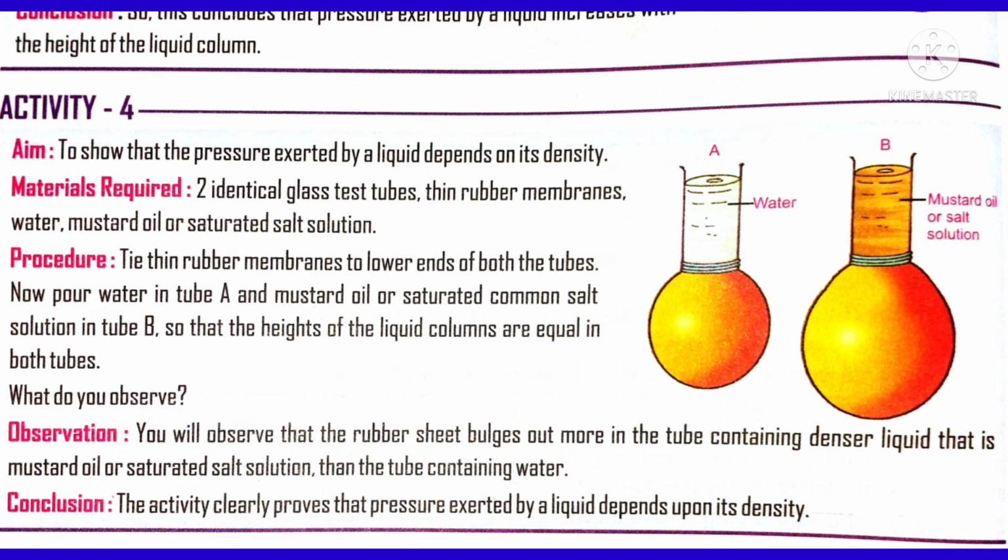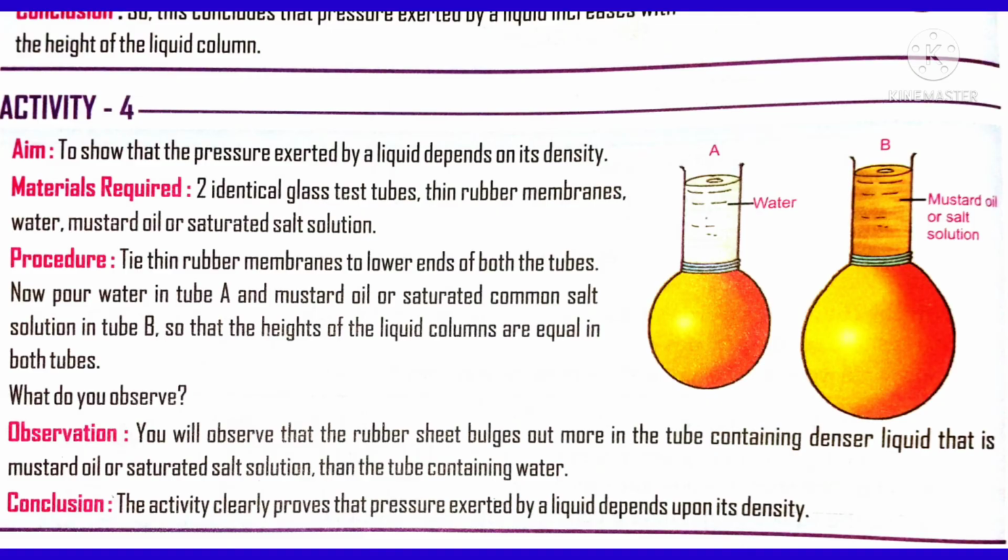Activity 3 shows that pressure exerted by a liquid depends upon the height of the liquid. If the height of the liquid is more, then the downward pressure exerted by the liquid will be more. So far we have learned two properties of liquid pressure. Liquid pressure depends upon the height of the column, and also upon the density of the liquid.